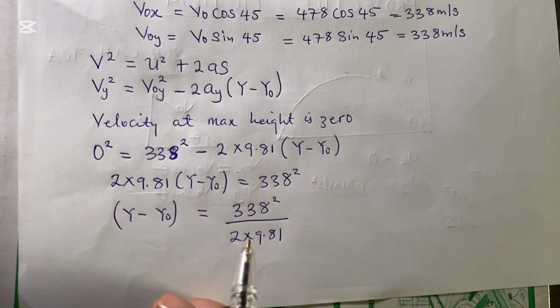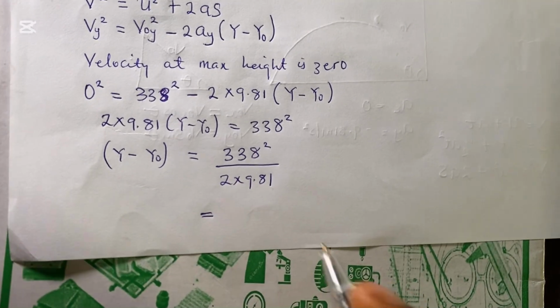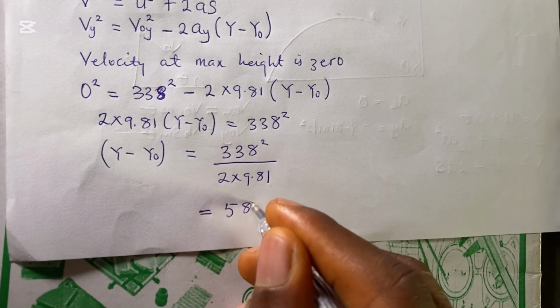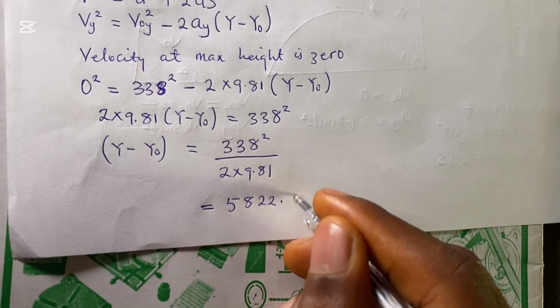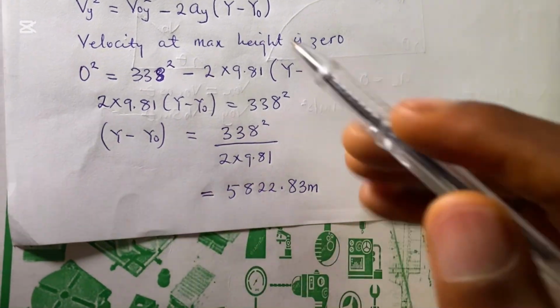So this is your maximum height, and this is equal to 5822.83 meters. So this is your maximum height.